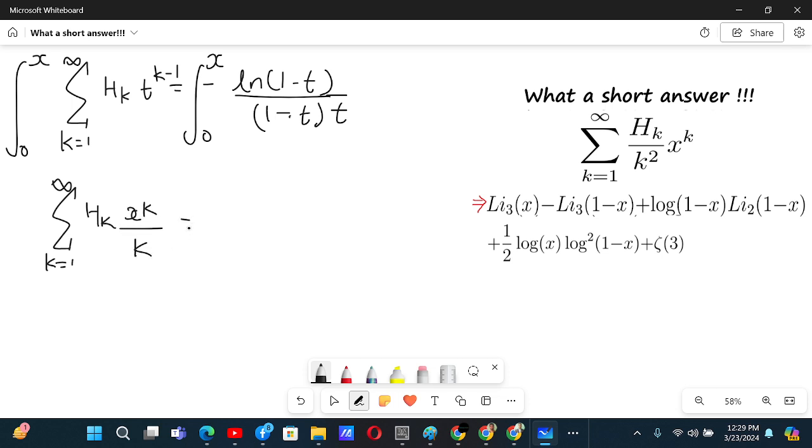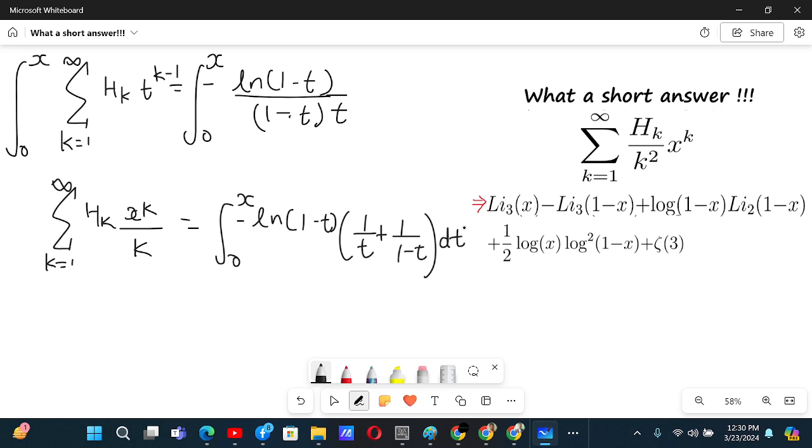Now over here, firstly, we can use partial fractions. This breaks down into 1 by t plus 1 by 1 minus t, dt. And what can we do now after using partial fractions?